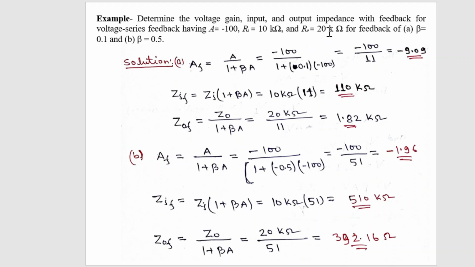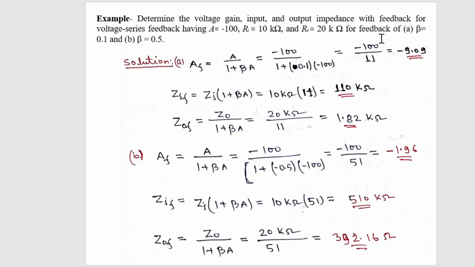Beta is 0.1 and A is 100, so beta A is 10, and 10 plus 1 is 11. 20 divided by 11 is 1.82. So the output impedance is decreased from 20 to 1.82 kilo ohm with negative feedback in voltage series combination. So this is problem A.